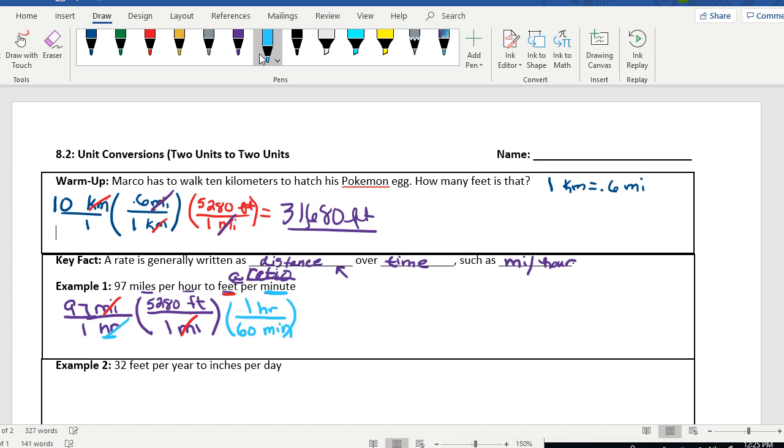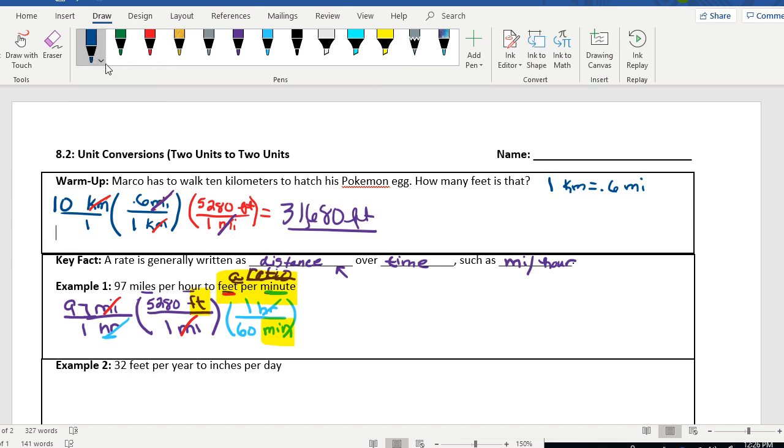Okay, hour and hour cancel. I'm left with feet and I'm left with minutes. And that's exactly what I had here, feet per minute. Now I have to have feet on top. The per means it goes on the bottom. That's dividing, by the way.